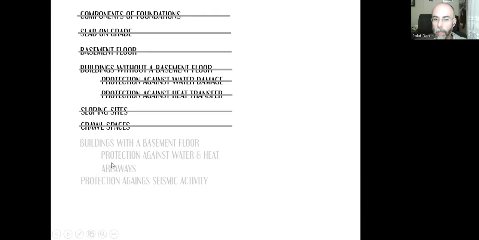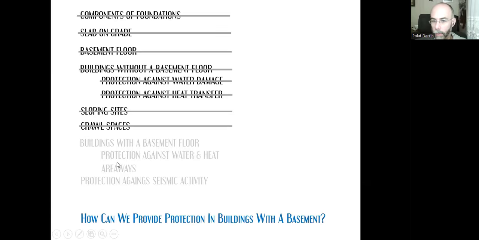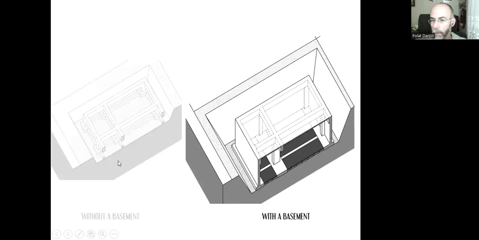Okay, let's now take a look at the buildings with a basement, how we can do this protection against water and heat in buildings with a basement floor. Here, as you remember, we used shear walls. There is this raft foundation or some other type of foundation and reinforced concrete floor slab.